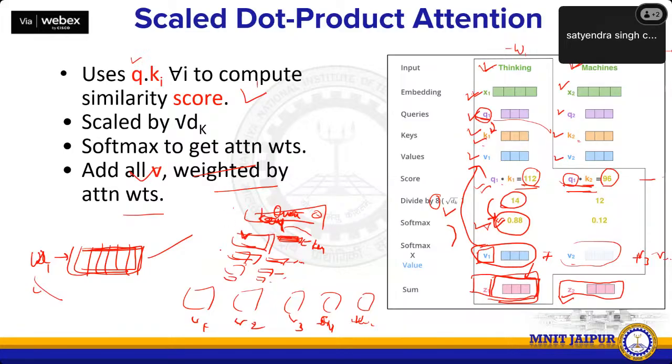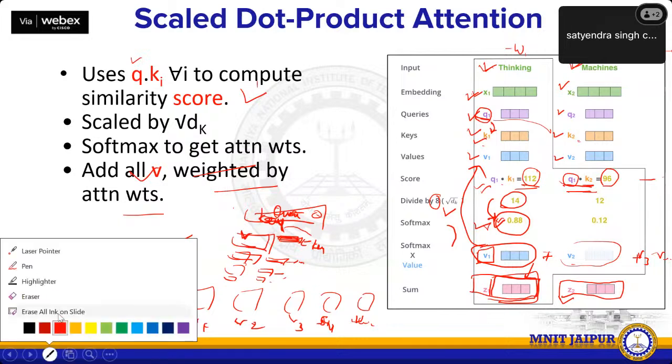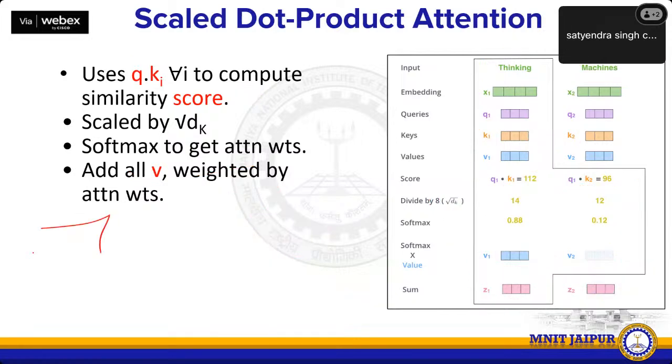Similarly, the idea was to somehow convert this input into some key-value pair kind of thing. So that's why we transform this embedding into a key and query pair.